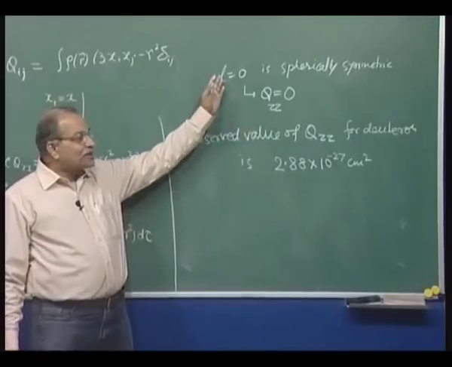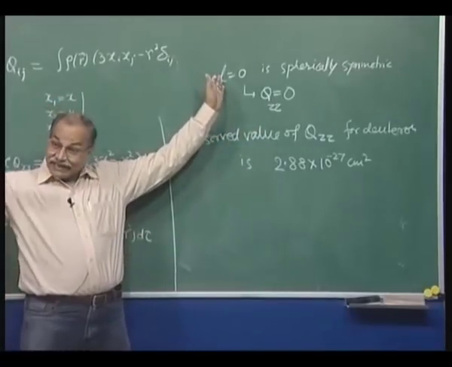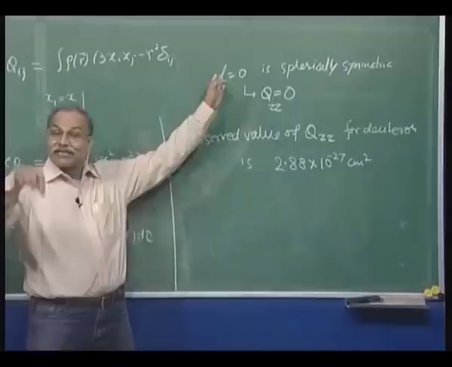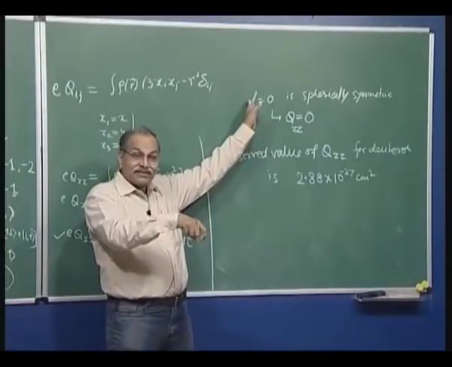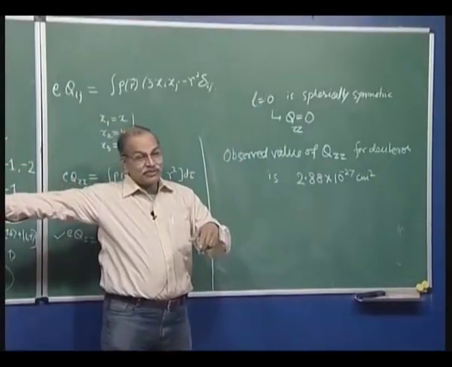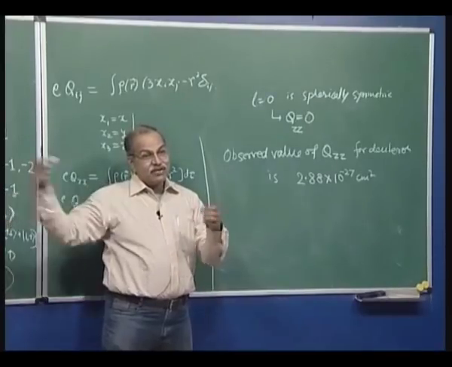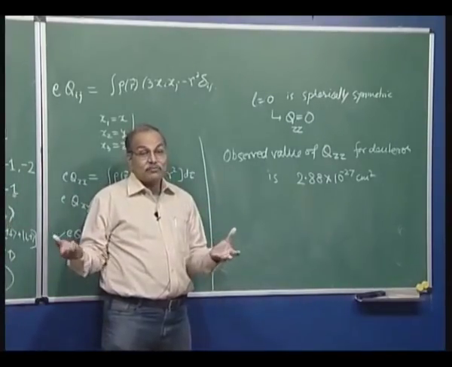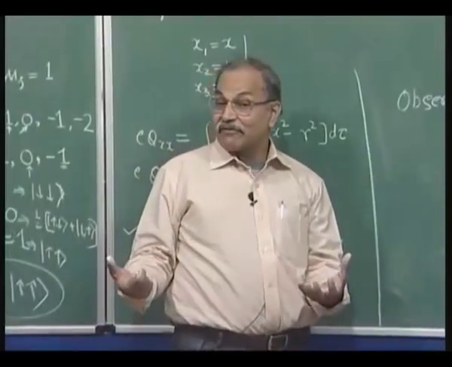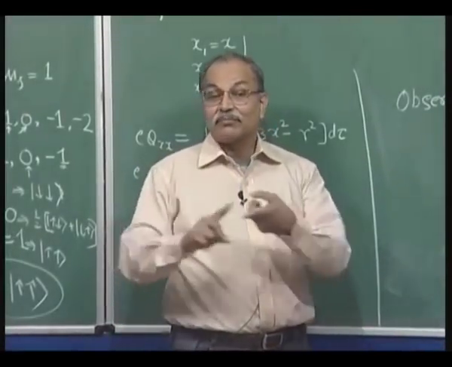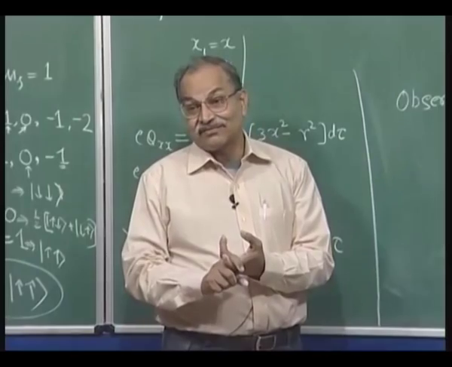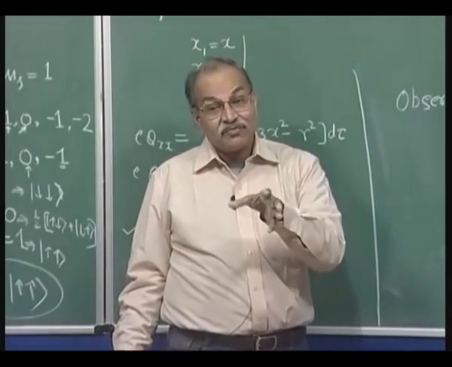So, if it is not purely L equal to 0, you have to bring in L equal to 2 together with L equal to 0, and again the same sequence of arguments. If L equal to 0 and L equal to 2 are both present in the ground state wave function, then the potential cannot be purely central. So, you have to bring in some non-central part.